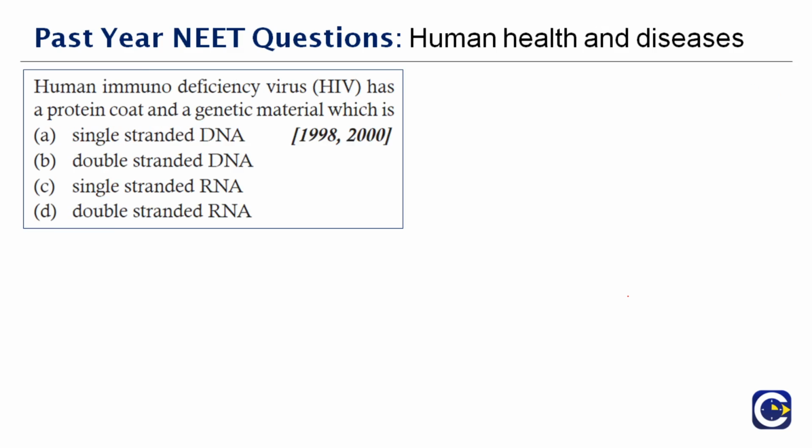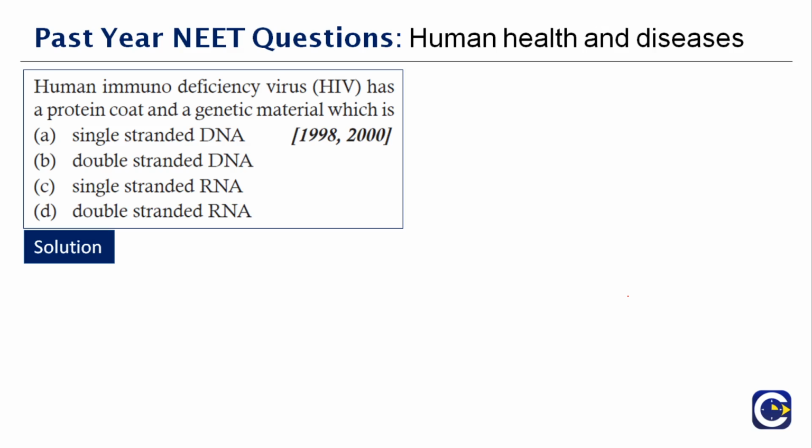Next question. Human immunodeficiency virus has a protein coat and a genetic material which is dash. So the retrovirus is actually a single-stranded RNA. HIV is a spherical enveloped virus about 90 to 120 nanometer in diameter. It's a nucleocapsid and it's icosahedral, and the genome consists of single-stranded RNA filaments segmented into two identical filaments.